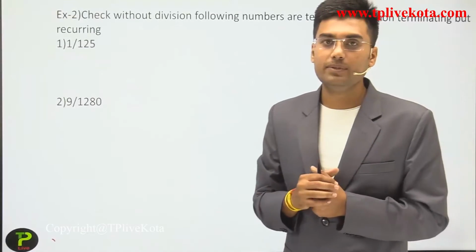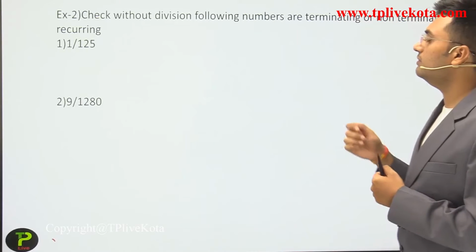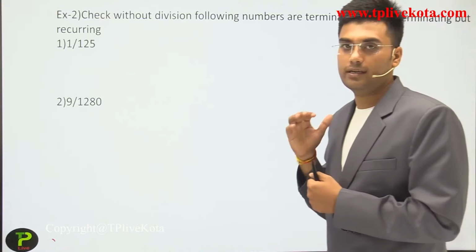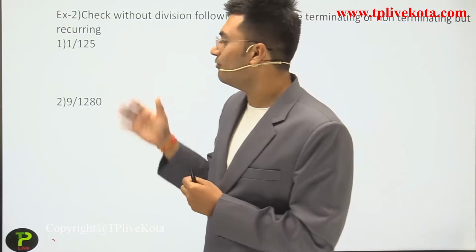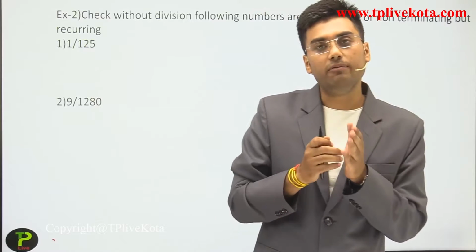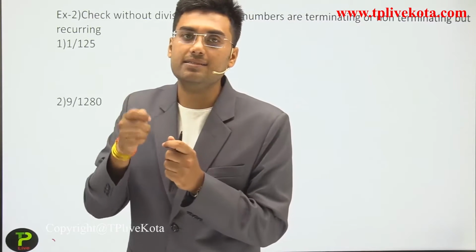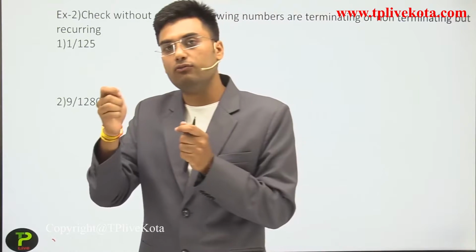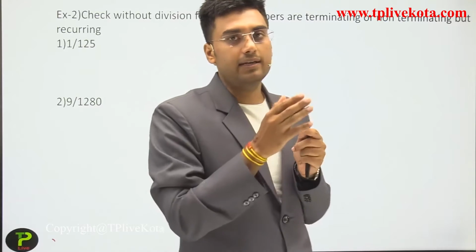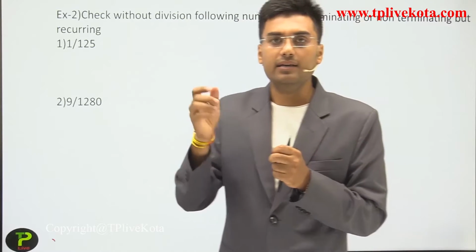The next example is check without division. The following numbers are terminating or non-terminating but recurring. First we have to check 1 upon 125. Dear students, we know that if the denominator is in the form of 2 power m multiplied by 5 power n, then it is a terminating decimal. And if the denominator is not in the form of 2 power m multiplied by 5 power n, then it is a non-terminating but recurring decimal.